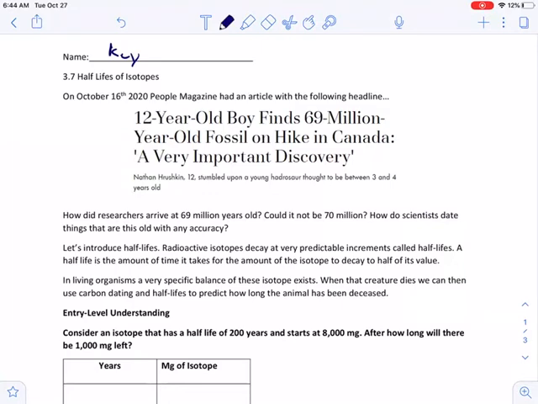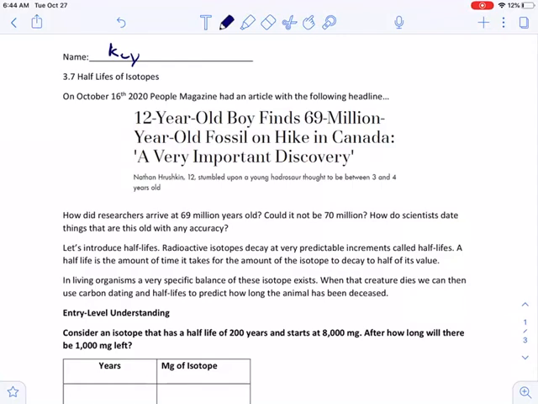So if I know that I started with a certain amount of this isotope, and over time I've got a tenth of it or 5% of it, then I can say to a pretty high degree of accuracy how old that particular fossil or that sample is. So that's what a half-life in general is going to do.